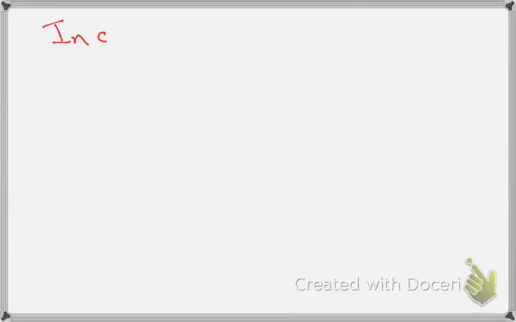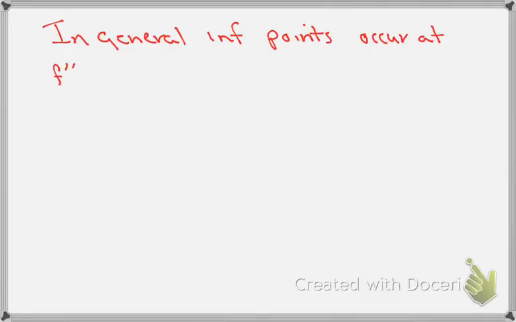In general, inflection points occur at f double prime of x equal to 0 or undefined. But you still have to check. That's why I say in general, because it still has to satisfy the definition of an inflection point.